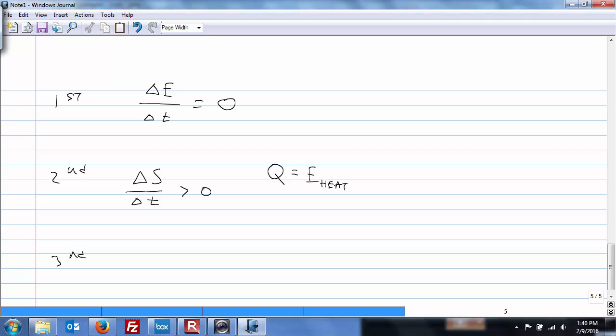Now, entropy. Any change in entropy equals the change in heat. So think about you wake up in the morning and throw some wood on your fire.